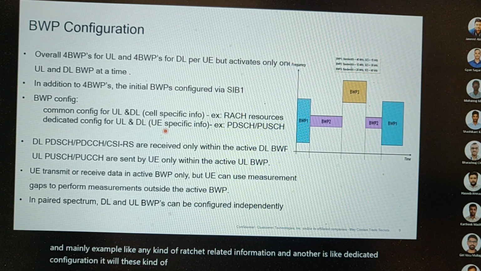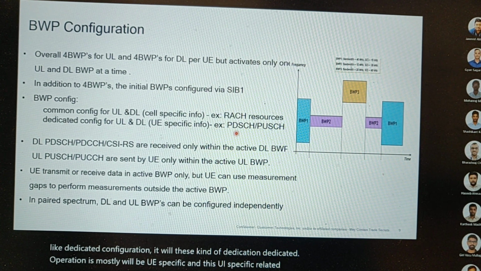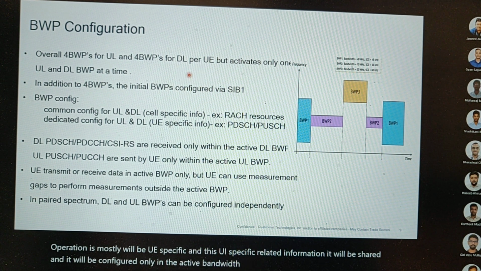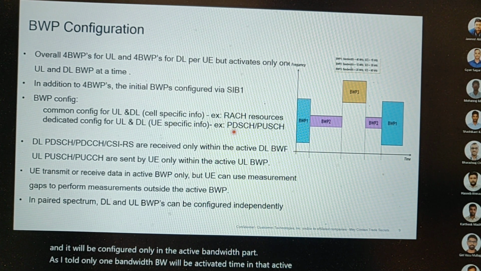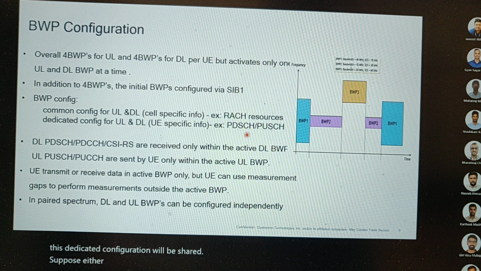This dedicated configuration is mostly UE specific, and this UE specific information will be configured only in the active bandwidth part. As I told, only one BWP will be active at a time. In that active bandwidth part only, this dedicated configuration will be shared, such as PDSCH or PUSCH information.